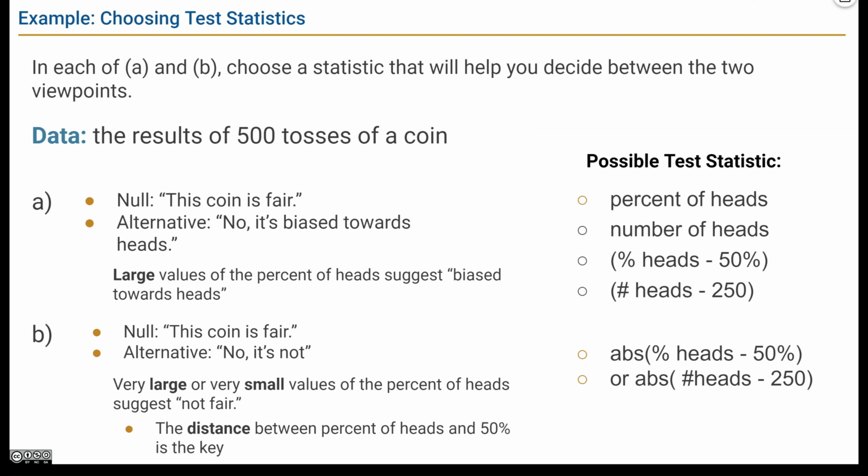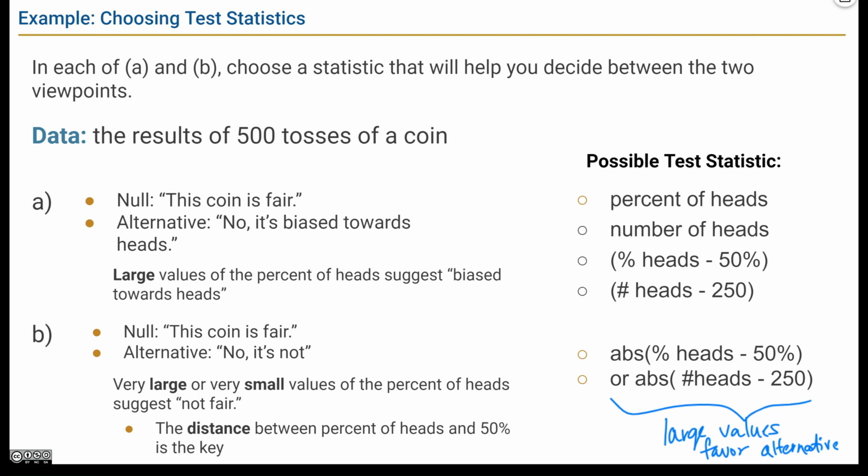Either of those are great test statistics, because in that case, once I've taken the absolute value, large values of these are going to be suggesting the alternative. So large values are in favor of the alternative, and that's what I want. I want to just be able to look in one direction for my analysis of this process.